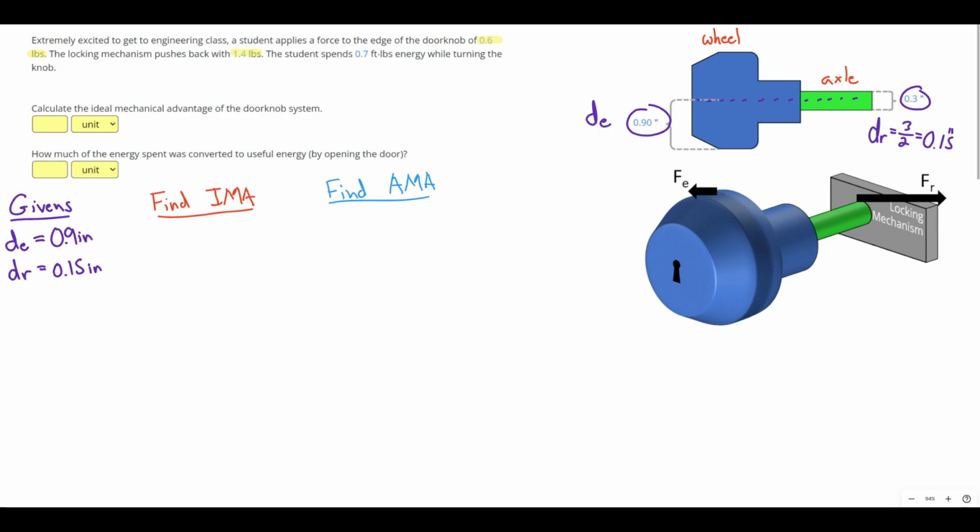What other givens do we have from the problem? We have 0.6 pounds up here was our effort force. That's how hard the student is pushing to rotate the doorknob. And the resistance force, 1.4 pounds.